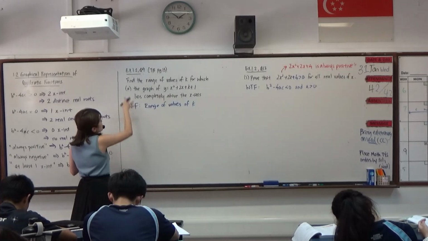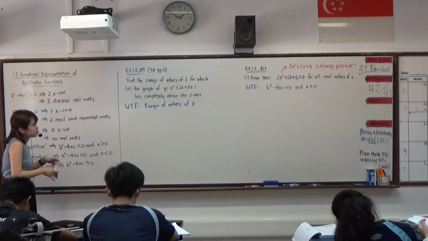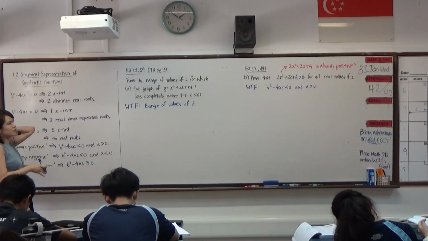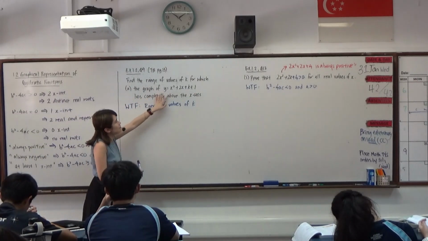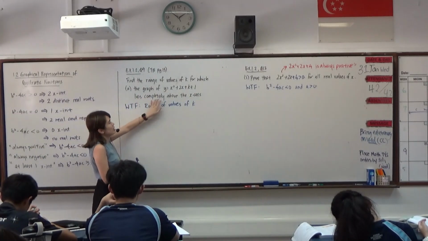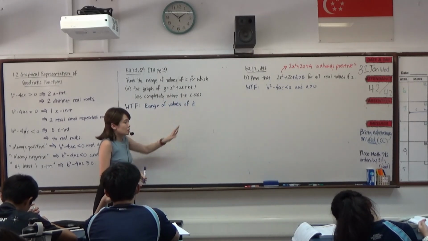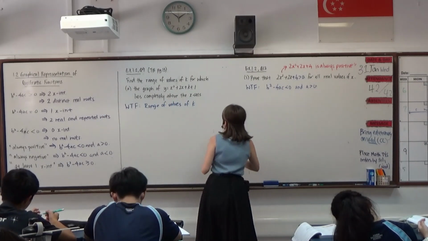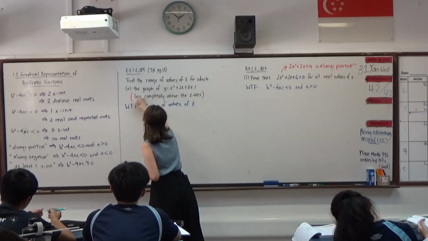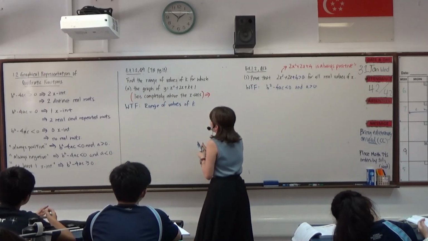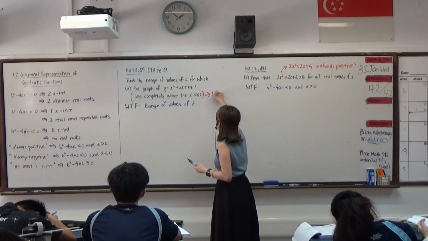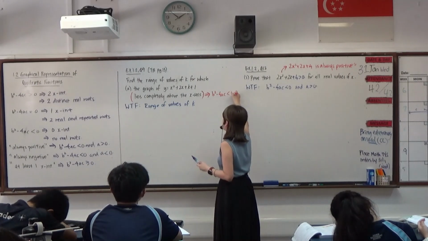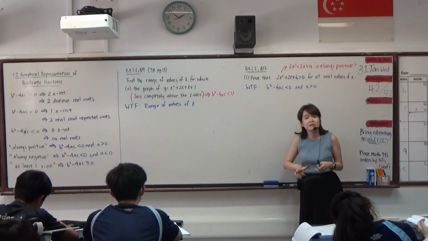So now question 9. We do question 9a first. We want to find the range of values. So what is the given information? The given information is that it lies completely above the x-axis. So with that given information, what we can conclude is that your discriminant must be less than 0, because that's a given.